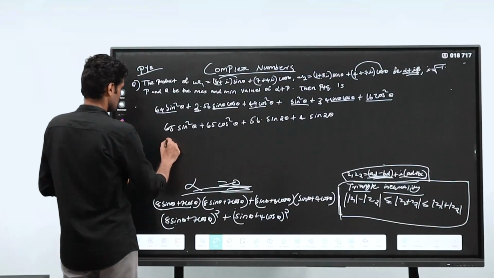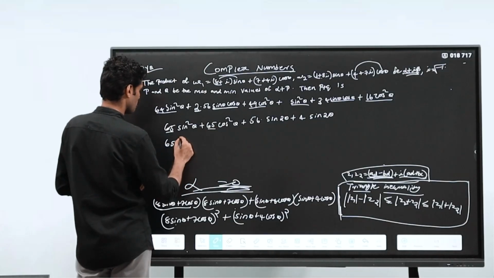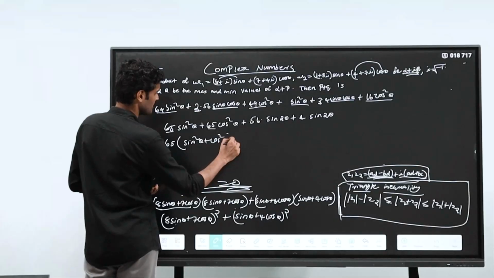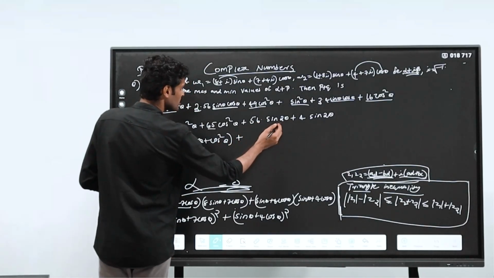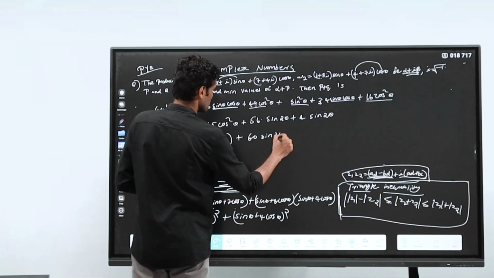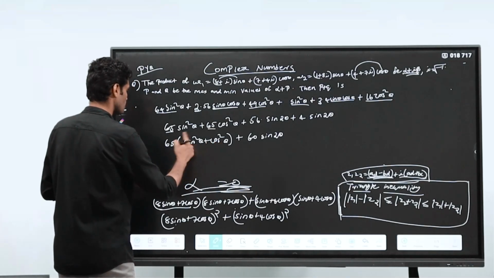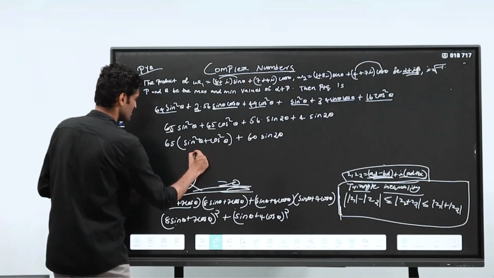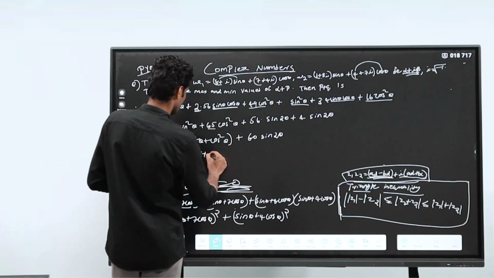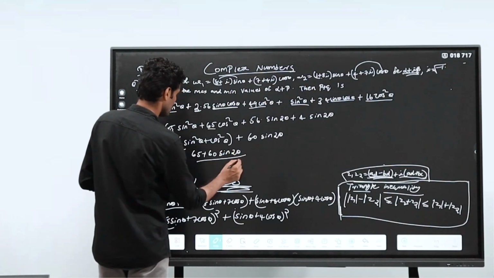So that means we can take 65 in common, that is sine square theta plus cos square theta, plus 56 sine 2 theta plus 4 sine 2 theta, 60 sine 2 theta. Sine square theta plus cos square theta, we know that it is 1, then 1 into 65 is 65 plus 60 sine 2 theta.